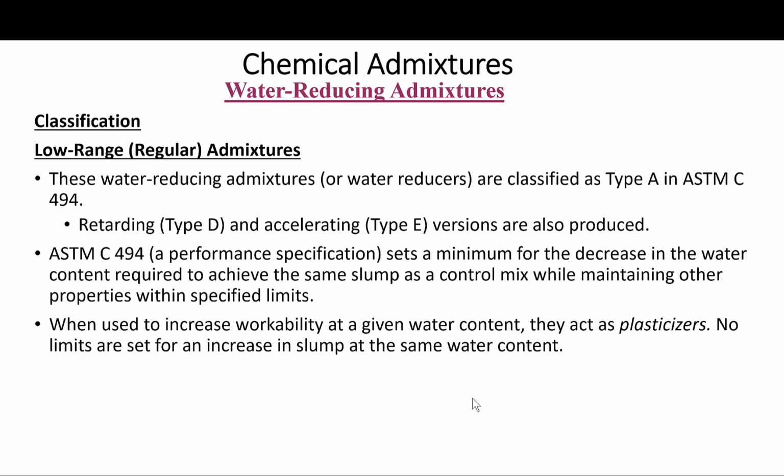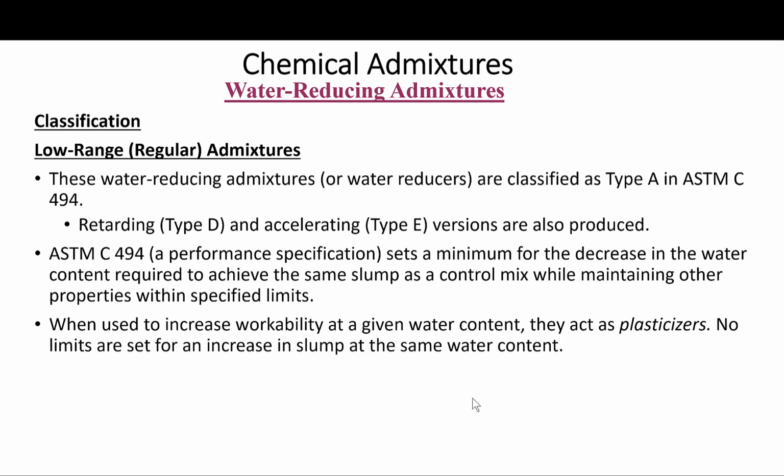One thing to remember, ASTM C494 is a performance specification that really sets a minimum for the decrease in the water content required to achieve the same slump as a control mix, while maintaining other properties within specified limits. So it is a performance specification.